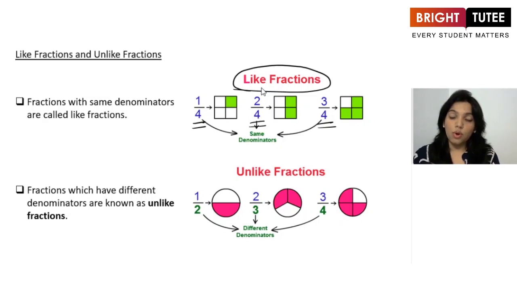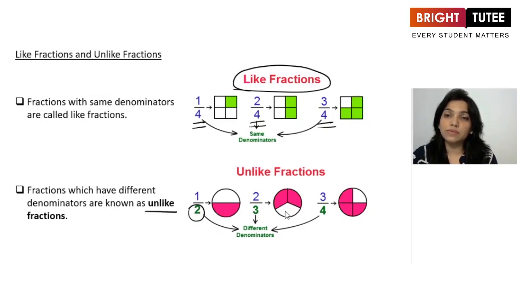Now, what about those fractions where we don't see the same denominators? Simple, it's the opposite of like, it is unlike fractions. Fractions which have different denominators are known as unlike fractions. You can see the image. In the first circle we see 2 divisions, so the denominator is 2.